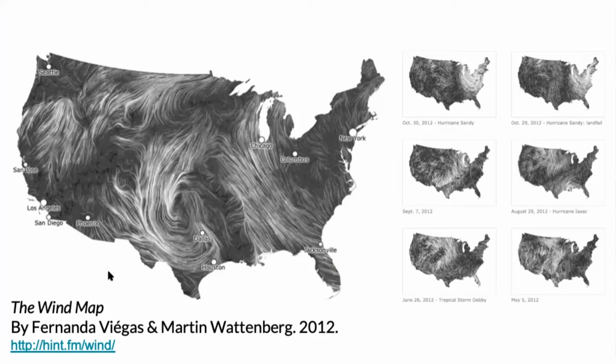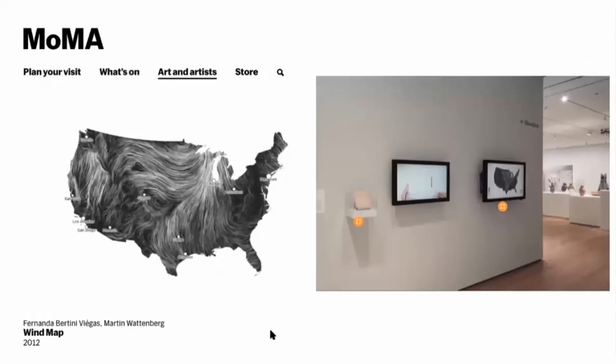It has this amazing moving fur-like texture, and actually quite similar to the 17th century ocean currents example that we saw when we were looking at the history of data viz. And this example has actually been exhibited at MoMA, so in an art museum.